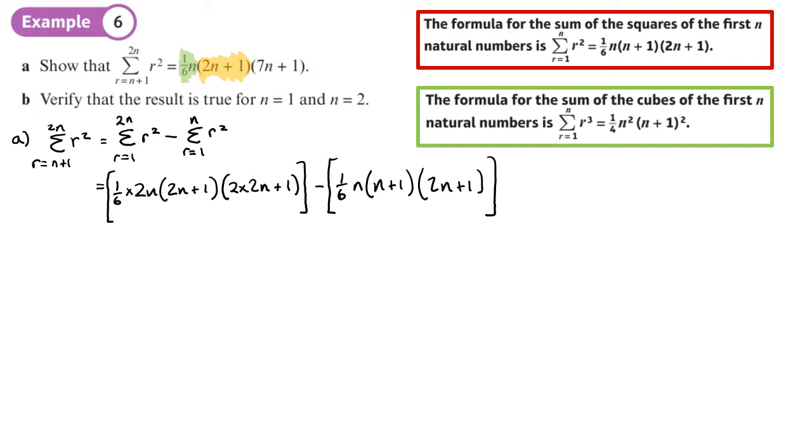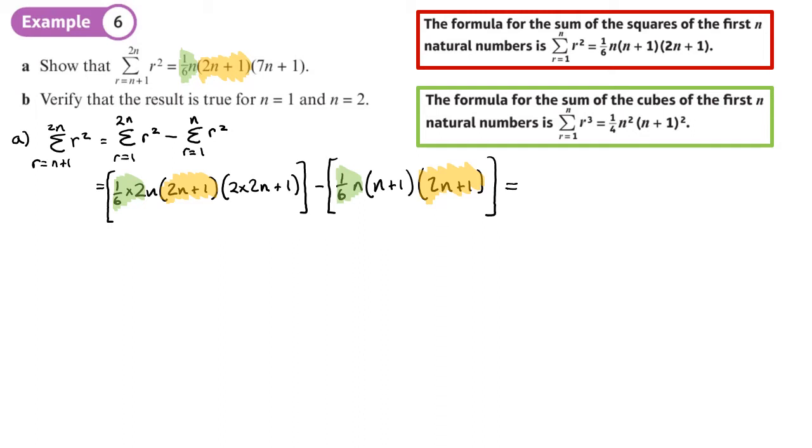There's a 1/6 n here and here, which I can take out as a factor. There's a 2n plus 1 here and here, which I can take out as a factor. If I do that, that will make the last bit much easier. So look for common factors. Are they what's required in the question?